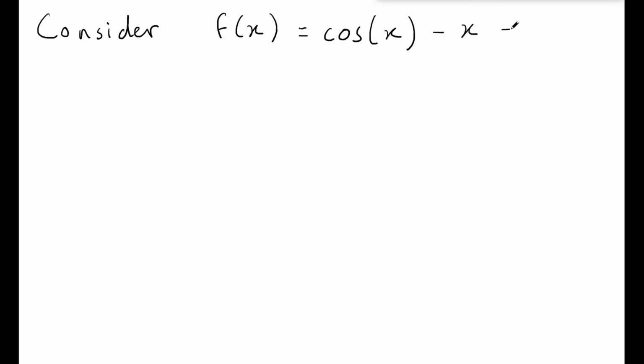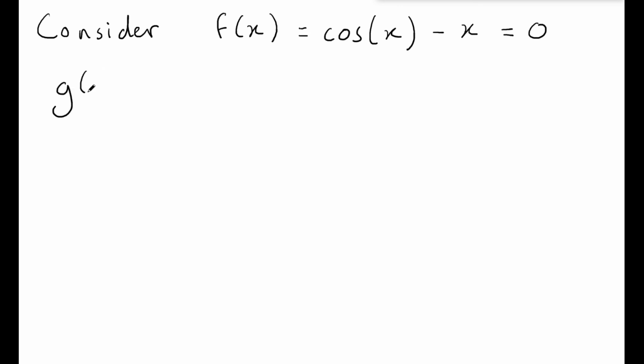Okay, so let's go back to black. Consider f of x is cosine x minus x, which is 0, which is in fact the same example shown in the lecture notes there and sketched in my case.